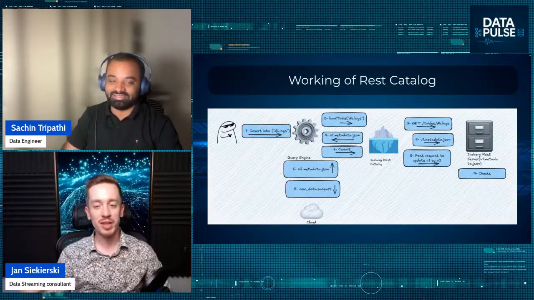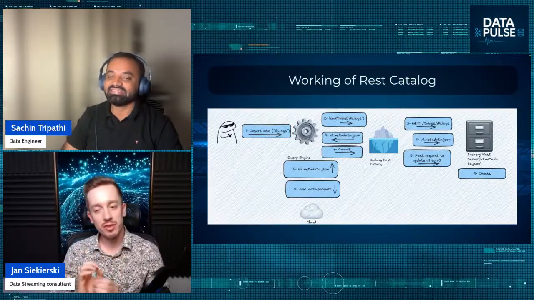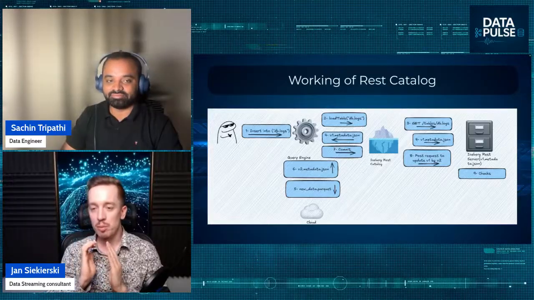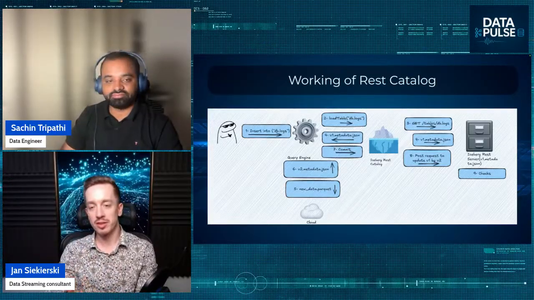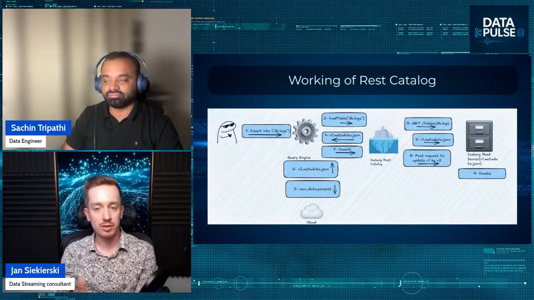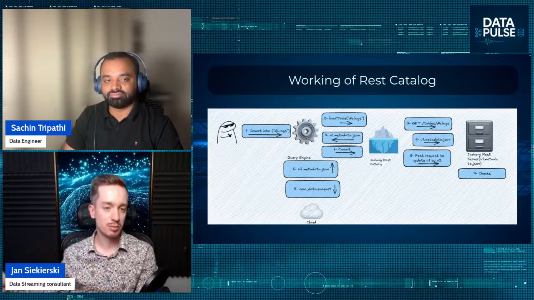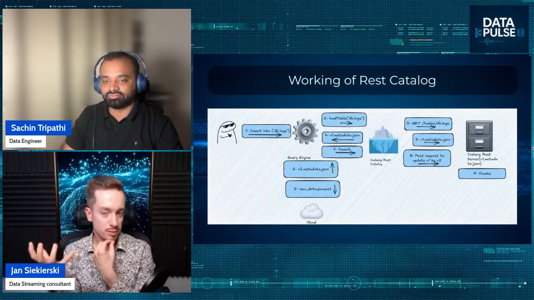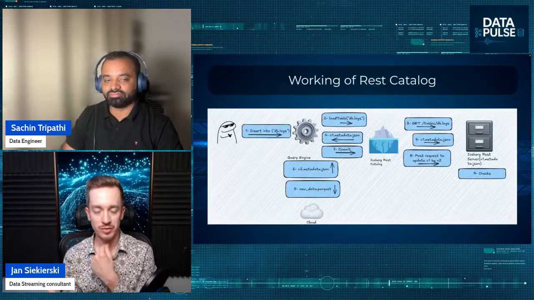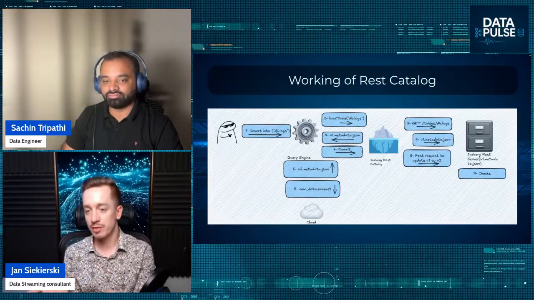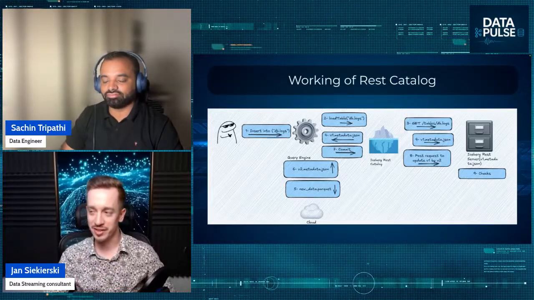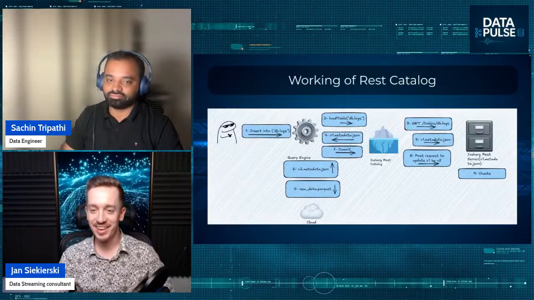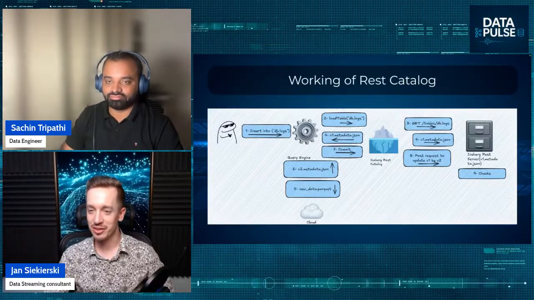That's right. But exactly the huge benefit of this is that before REST catalogs, or without REST catalogs, you might have different clients implementing different things. But here, this catalog implements this OpenAPI specification, and then you have a schema. OpenAPI is by far the most adopted standard of REST calls.